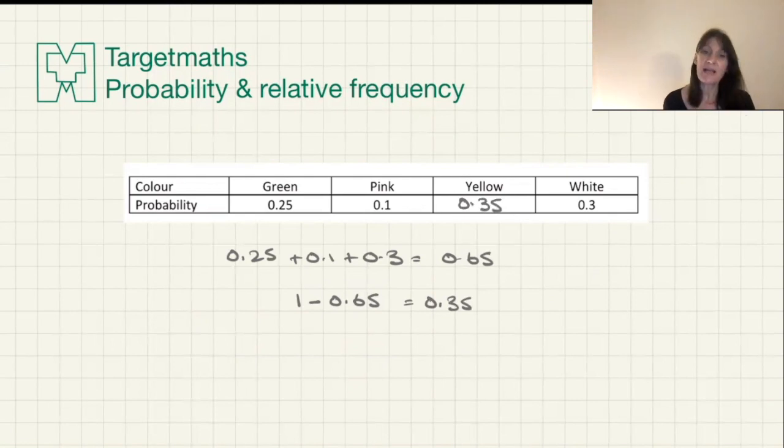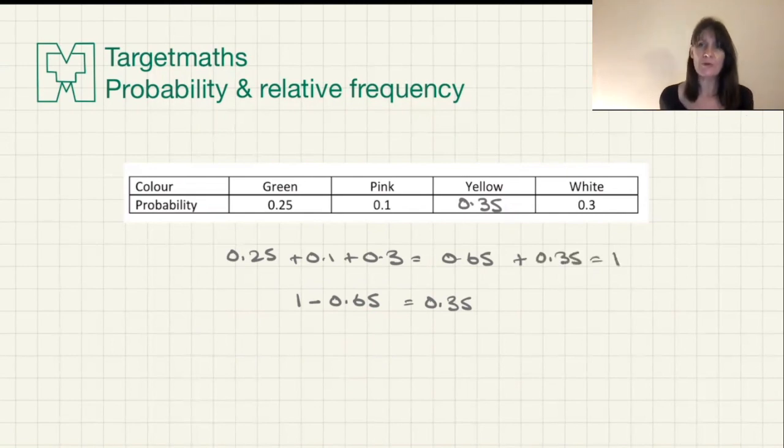Now, the working out is really important. If you're sitting there thinking, oh, I could have done that in my head, don't. It's a 2-mark question. And if all you do is write down the answer, you've got yourself 1 mark. They're really looking to see that understanding about the 1 in your method. So it could be 1 take away everything else, or you could have done this and then shown plus 0.35 equals 1.